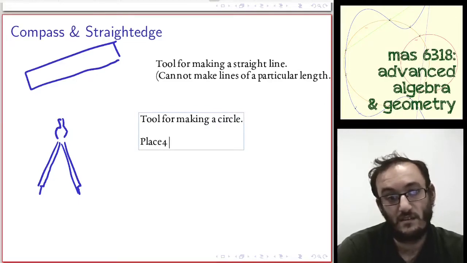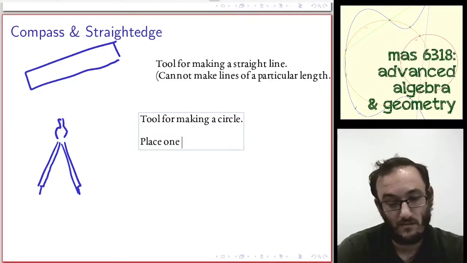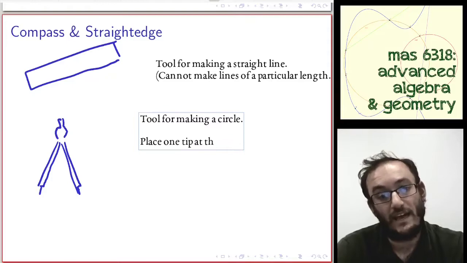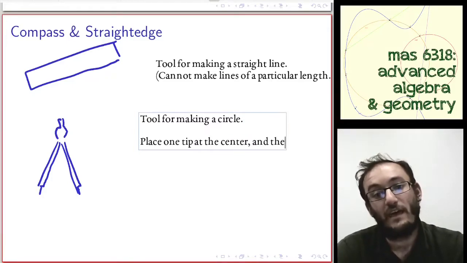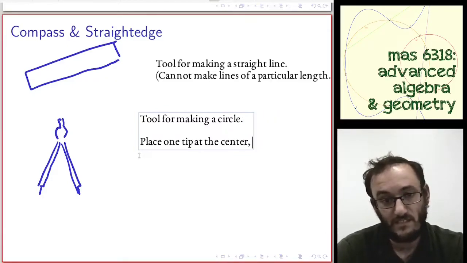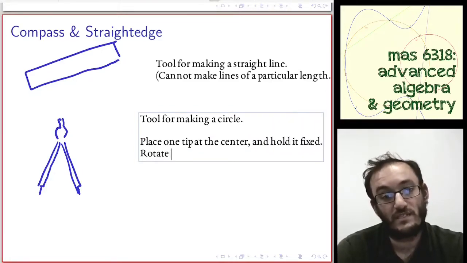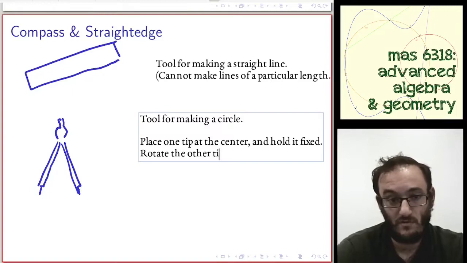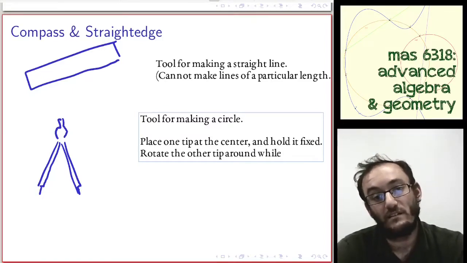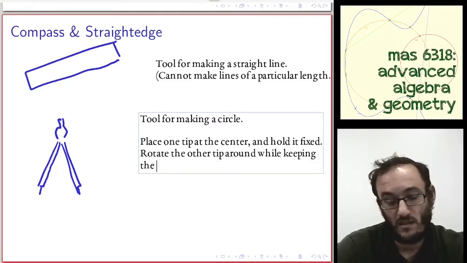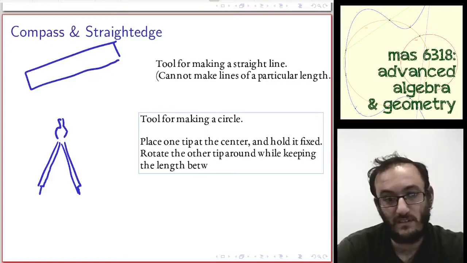You place one tip at the center and hold it fixed. Then you rotate the other tip around while keeping the length between the tips constant.